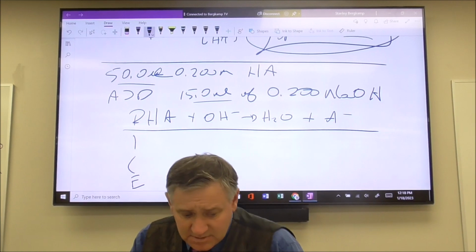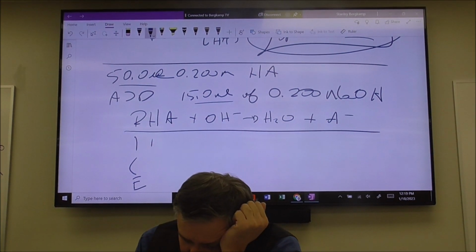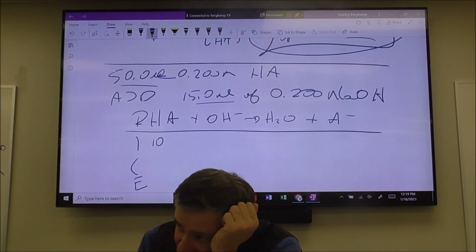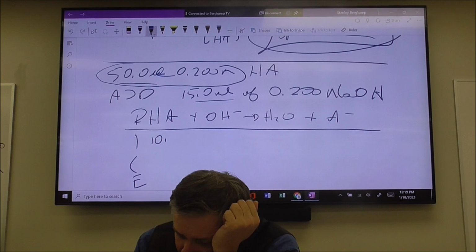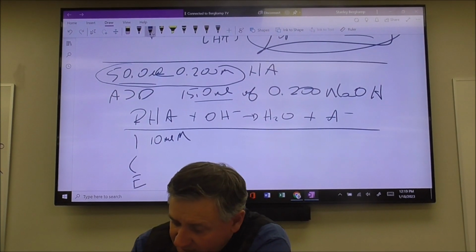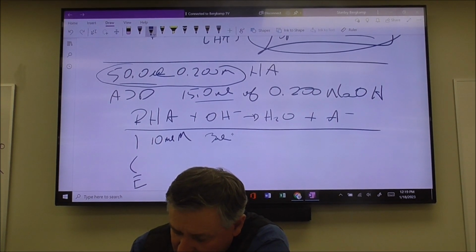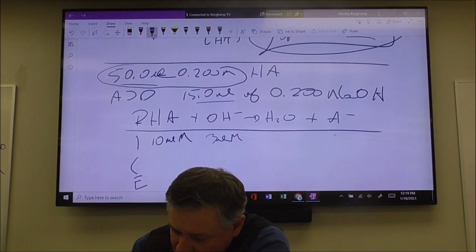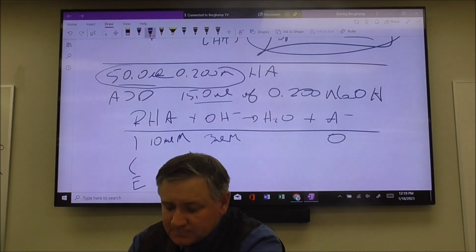I'm going to get some nice numbers to work out. So if I take 50 times 0.2, I get 10 millimoles of my acid. If I take 15 times 0.2, I get 3 millimoles of my base, and my anion concentration is going to start off at 0.